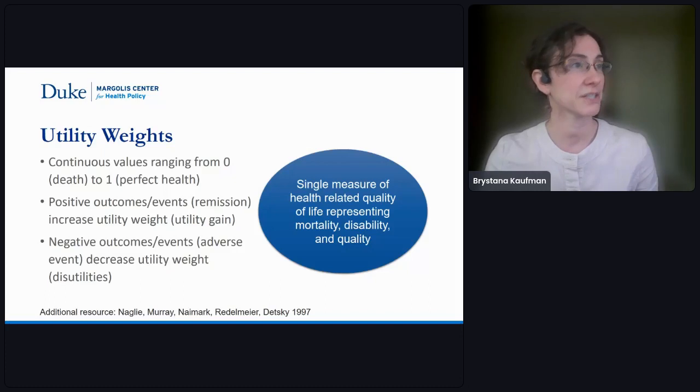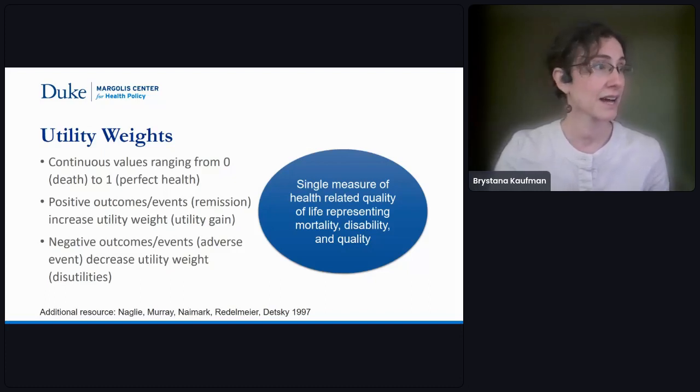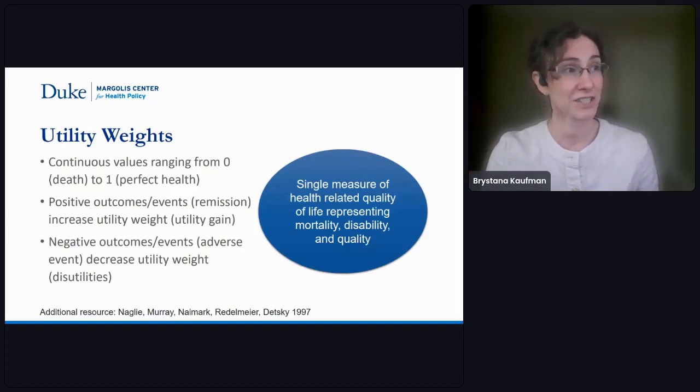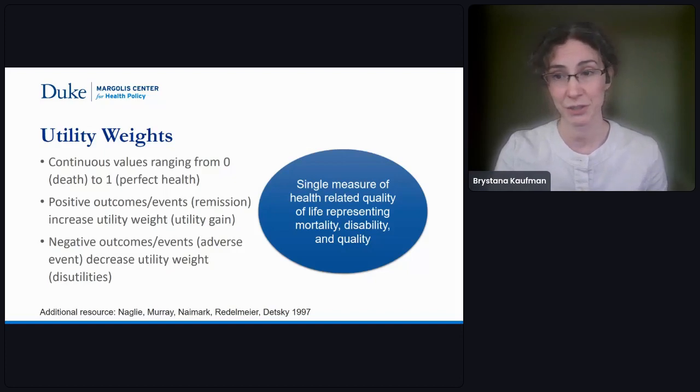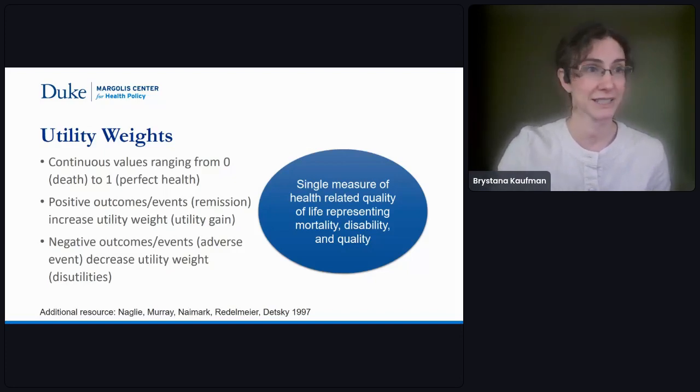And it's a continuous value ranging from 0 to 1, where 1 is perfect health. And a positive outcome, like a remission from cancer diagnosis, would increase your utility weight, so it would be closer to 1. And an adverse event would decrease your utility weight or disutility.